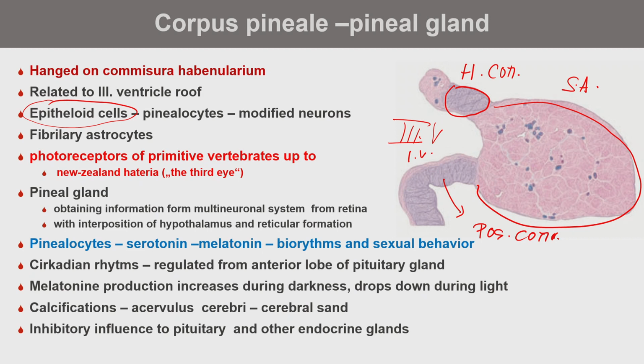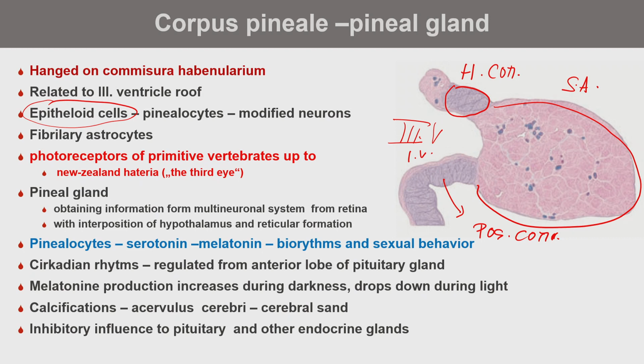But this is in the region of the parietal part of the skull, because the third eye of the human brain is the pineal gland, because it is sensitive for some photoreception.